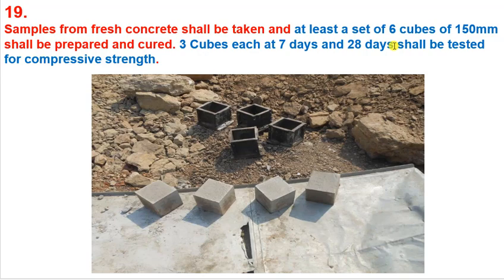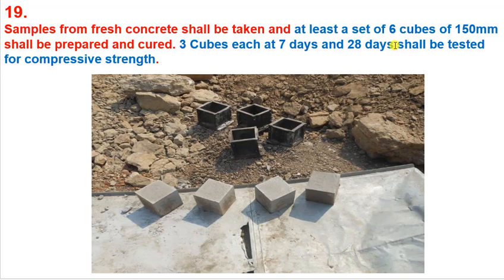As we know, concrete and cement are always tested at both 7 days and 28 days for compressive strength, and the compressive strength at 7 days is known to be 65% of the final strength. The final strength which we achieve is after 28 days, right? So the compressive strength at 7 days is known to be 65% of final strength.